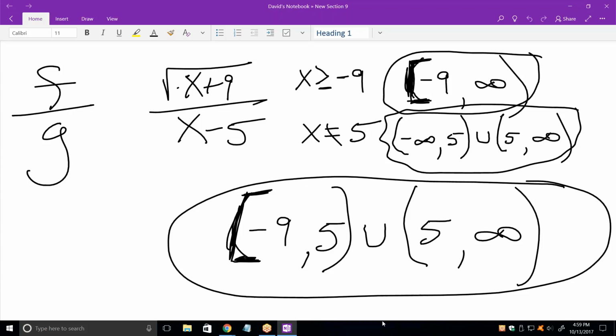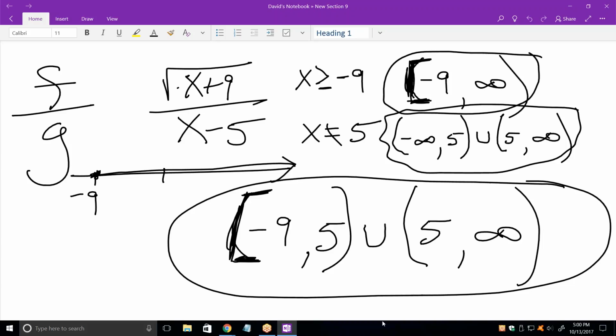But make sure you understand how I put these two domains together. On a number line, that is from minus 9 to infinity. If I draw a number line, here's minus 9. That's the allowable x's for the f function, for the top. The bottom one is every point on that number line except 5.